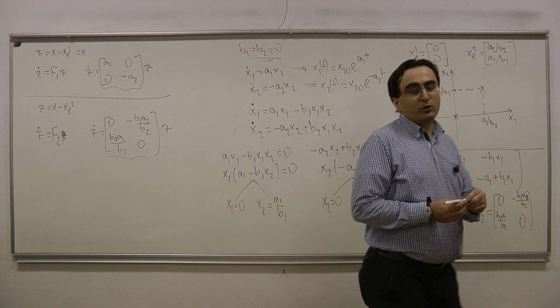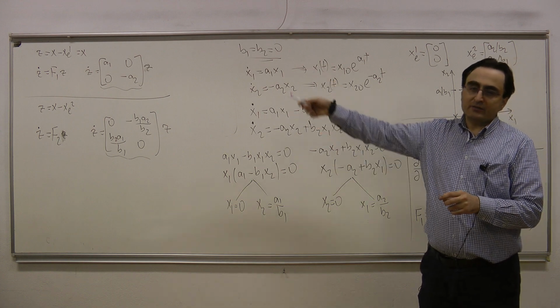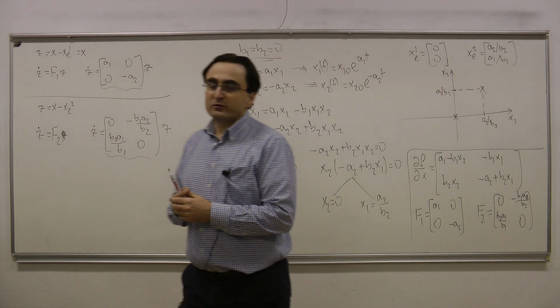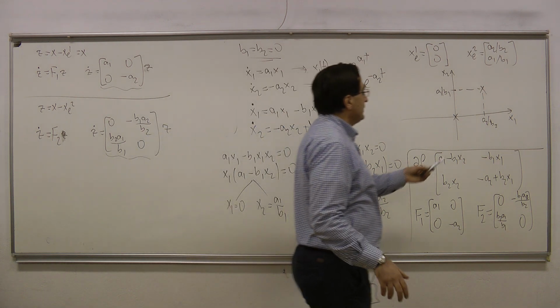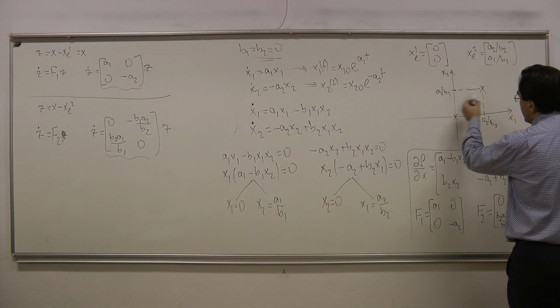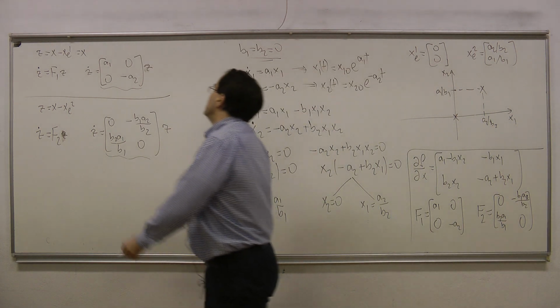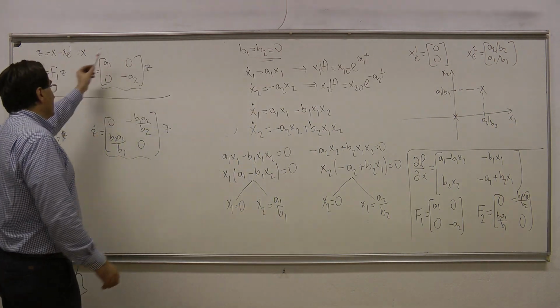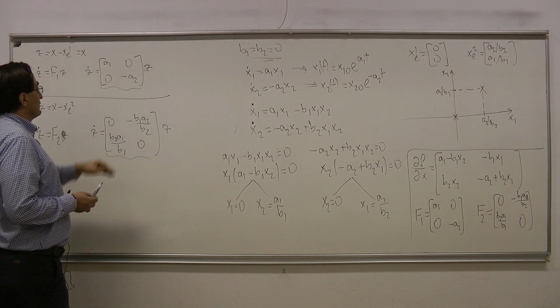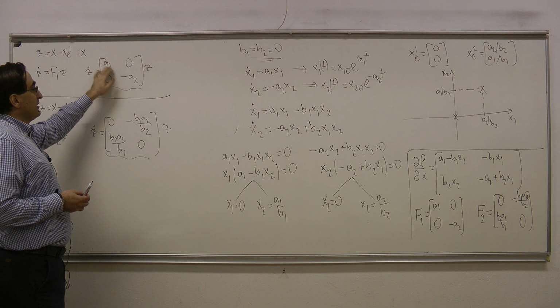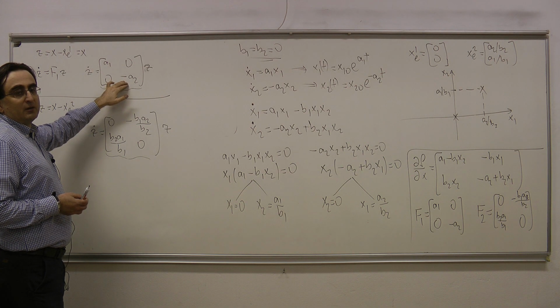When we look at the eigenvalues of such matrices, we are going to be able to tell really a lot about the behavior of the trajectories of the system around each of those equilibrium points. And when I look at such a 2 by 2 matrix, it is a diagonal matrix. As a result, its eigenvalues are going to be the diagonal elements.